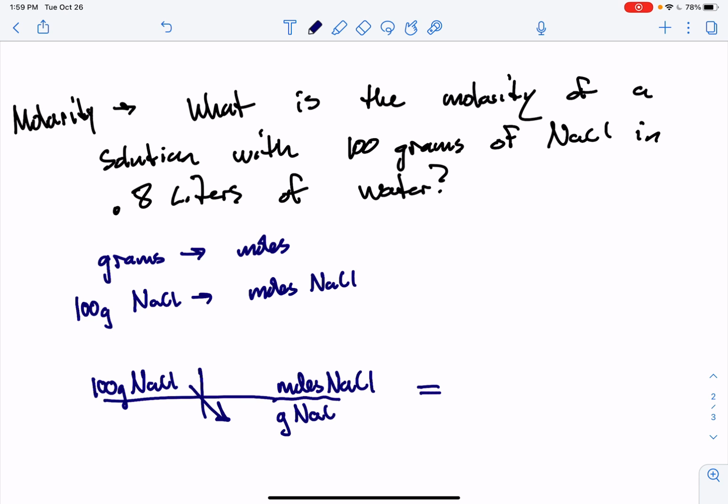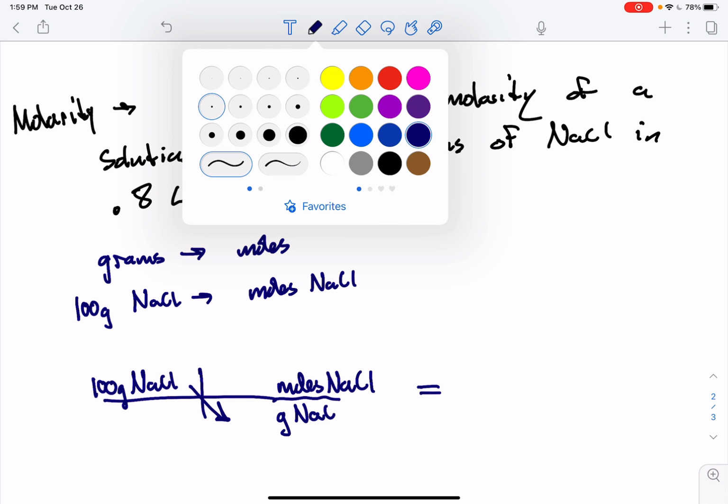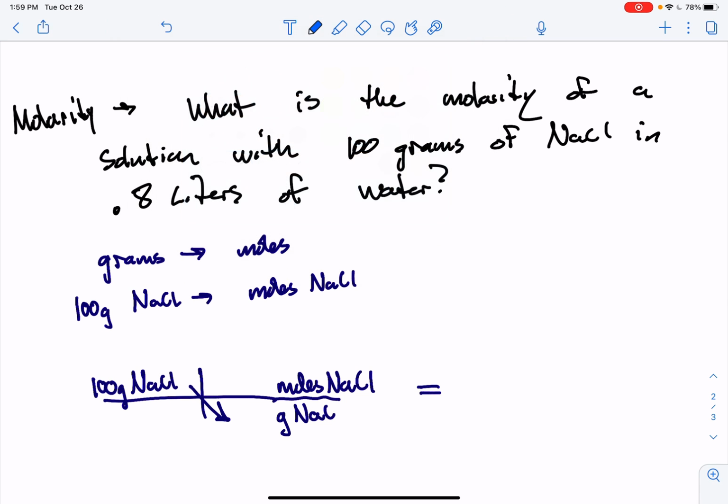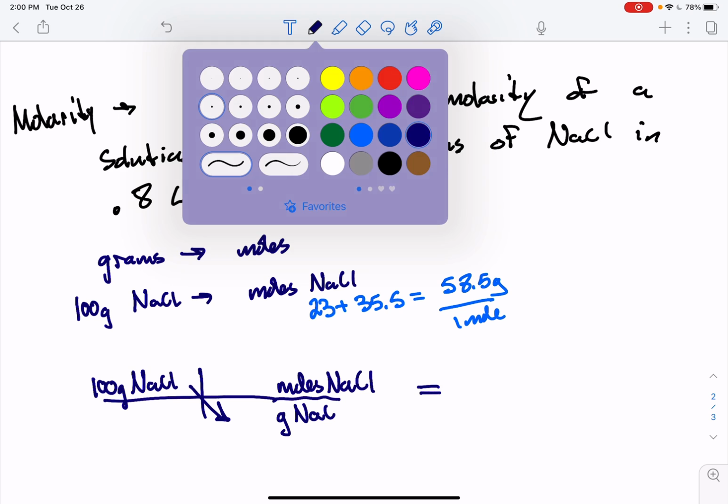Now I need to find the molar mass of NaCl. That's not too hard. I have 1 Na, which is 23, plus 1 Cl, which is 35.5. I add those together and I get 58.5 grams per 1 mole. And that number is what I'll use in the picket fence.